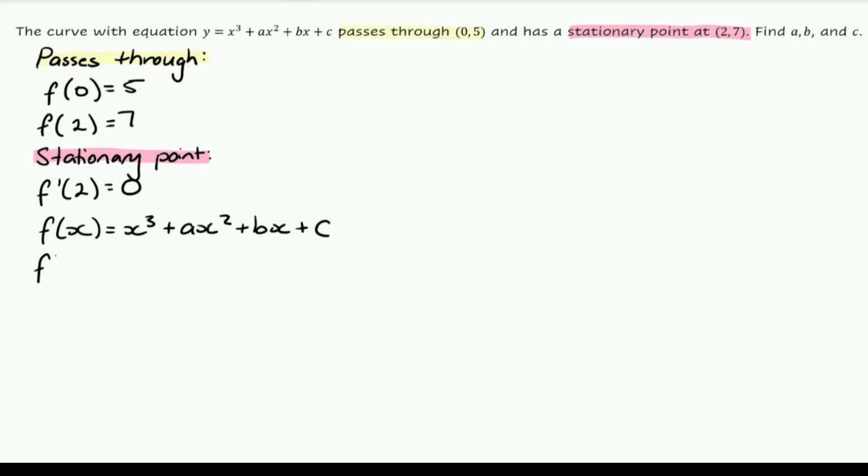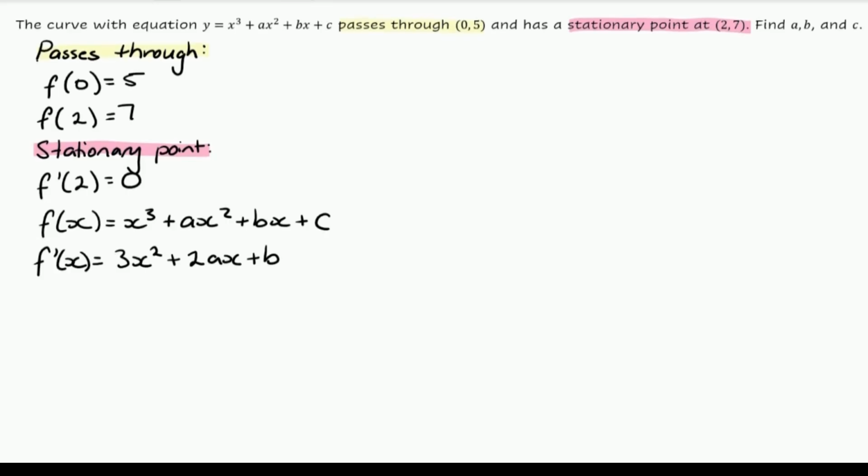So for myself, my f dash of x is equal to 3x squared plus 2ax plus b. And I know that I've been given f dash of 2 equal to 0.